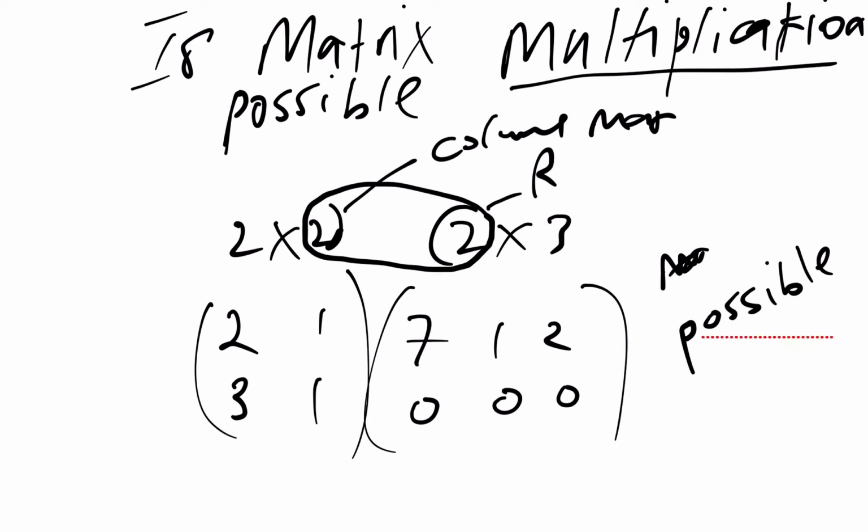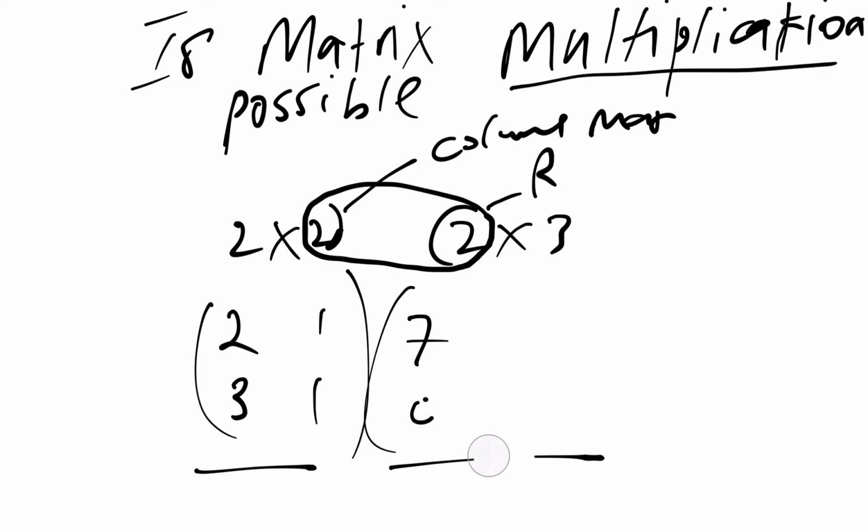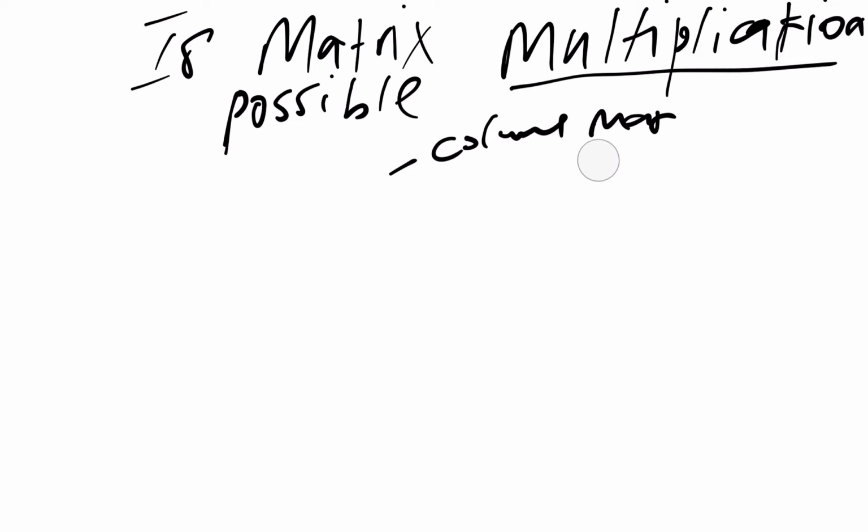That's why we said for matrix multiplication to be possible, the number of columns in the first matrix should be equal to the number of rows in the second matrix. That's how you tell if a matrix multiplication will be possible. So I think now you can easily tell if a matrix multiplication is possible or not without even trying to compute your multiplication.